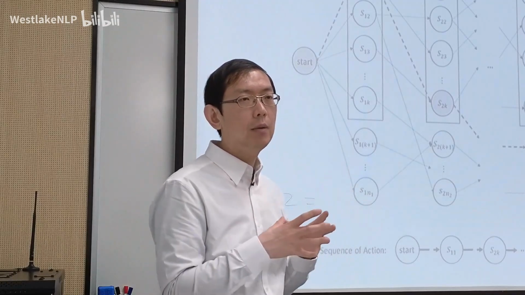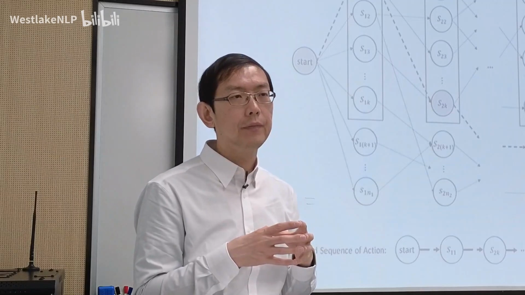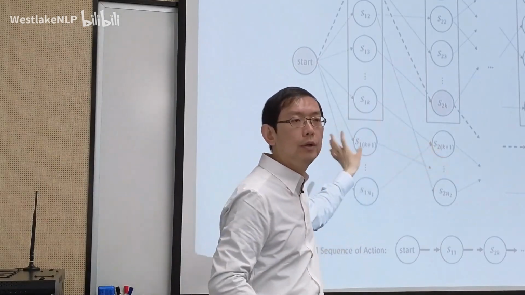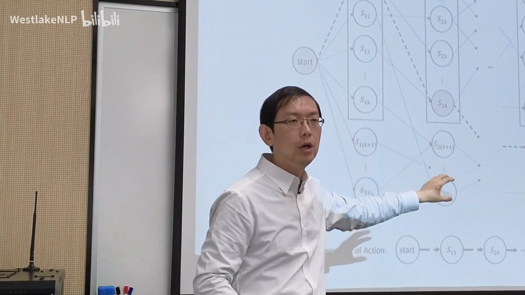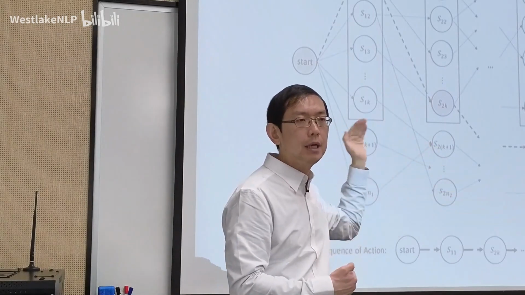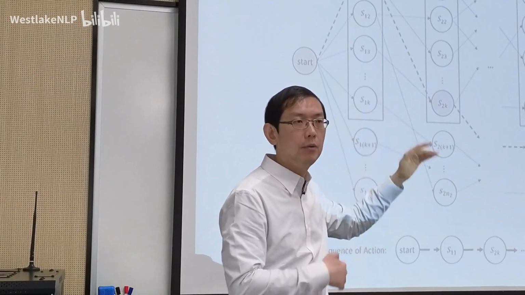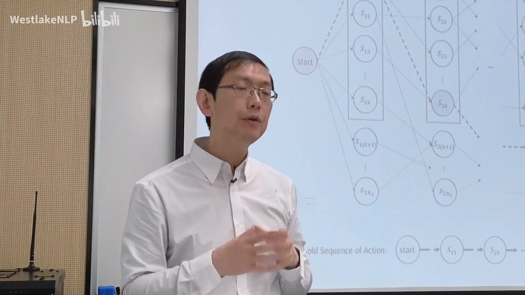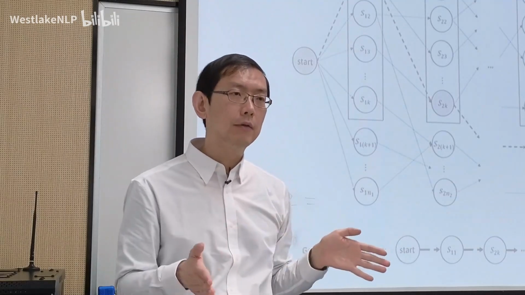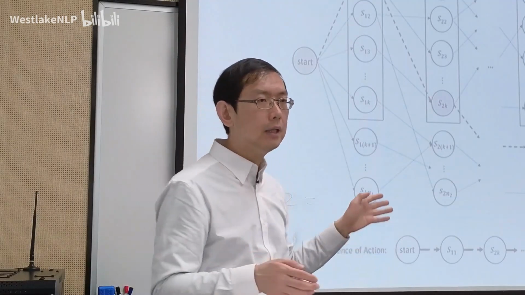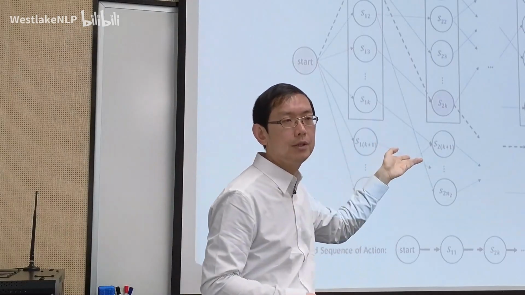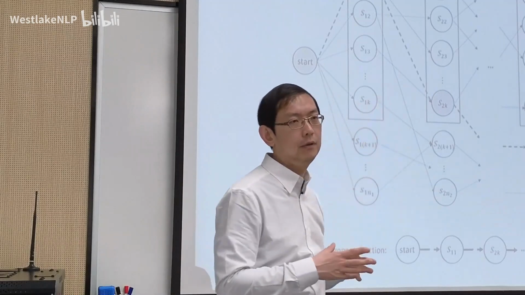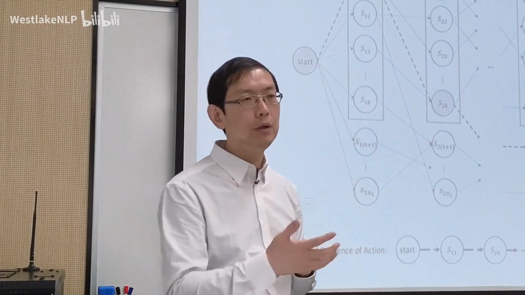By adjusting the model so that we add the feature of the gold example, positive example, to the model parameter. And we subtract the feature of the negative example from the model parameter. If we do that, as we learn from week 3, next time we do the same search process, the gold action sequence will be more likely scored higher than the negative one, okay? So we reduce search error.